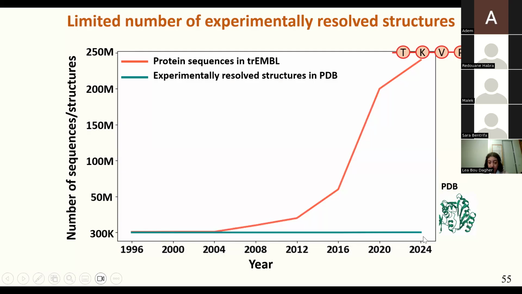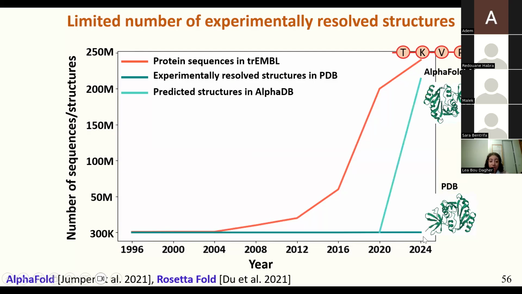300,000 structures. But this is about to change because of the introduction of new algorithmic methods based on artificial intelligence, such as AlphaFold, which predicts a large amount of structures.